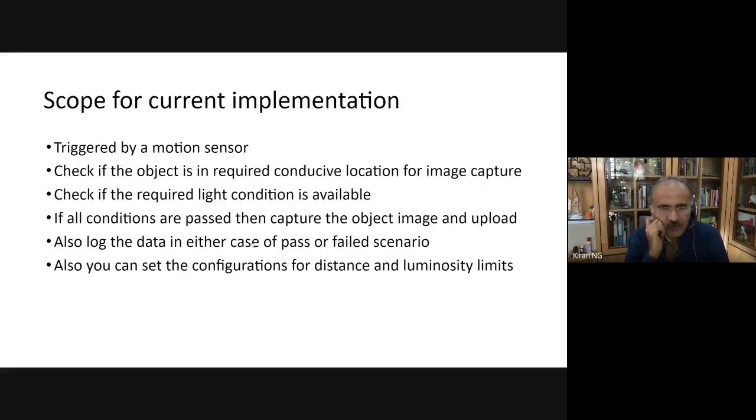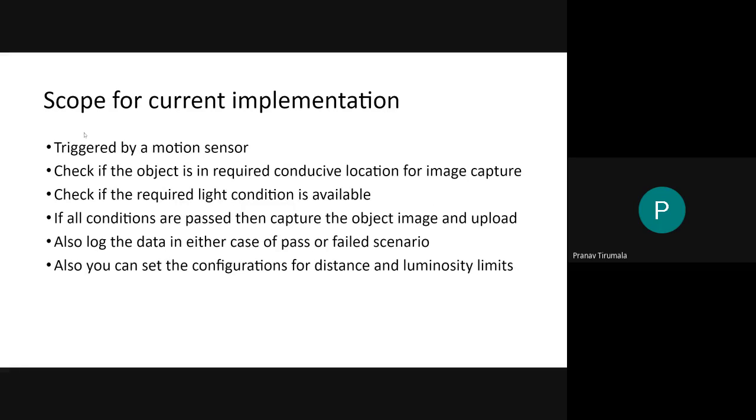Move on. Yes, sir. This is basically what is happening. First, the object triggers the motion sensor. Check if the object is in a conducive location for the image capture. So basically, the distance between the camera and the object, and it even checks the lighting condition using the LDR sensor. If all the criteria are passed, then it takes a photo and uploads it to a server.